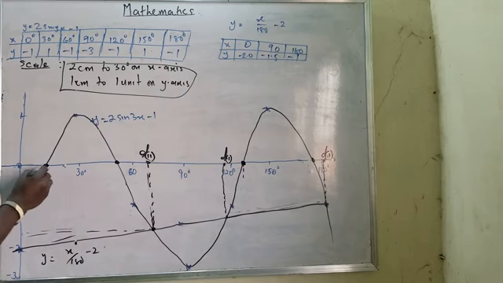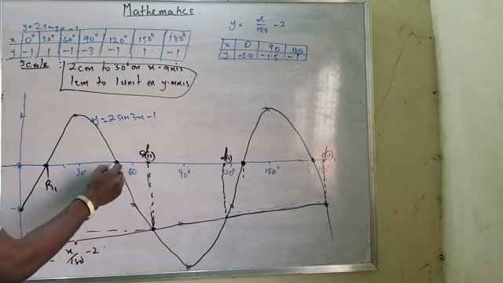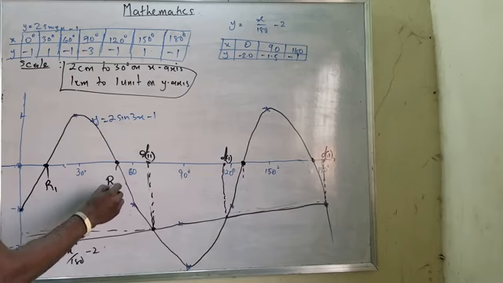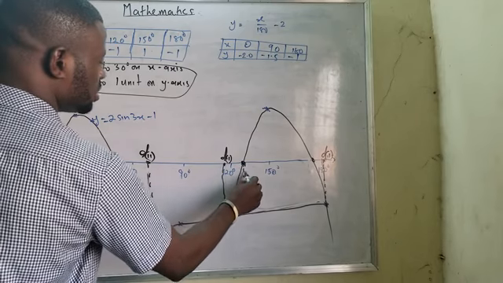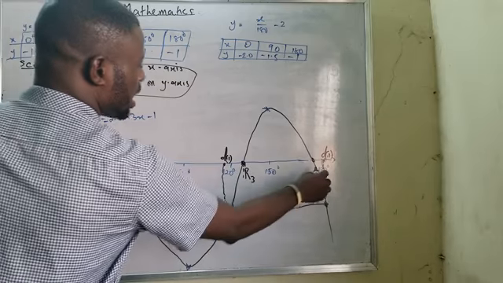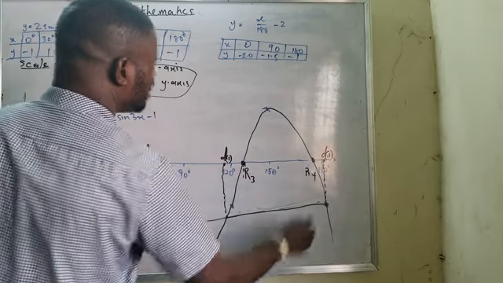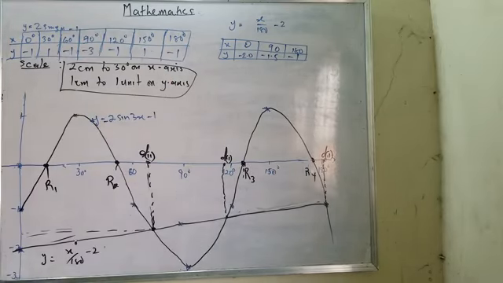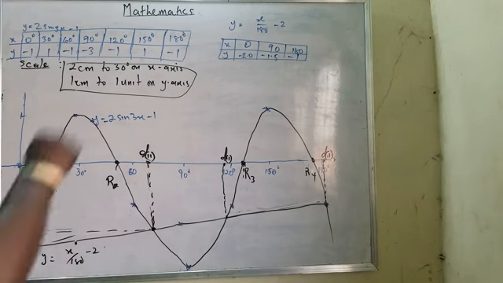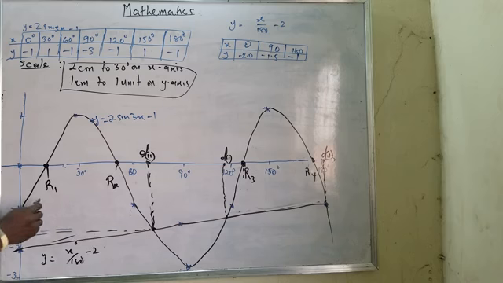This is root 1, root 2, root 3 and root 4. That is your root. It means this one will be D1. The answer for D1 is your roots. That is all you need to do.